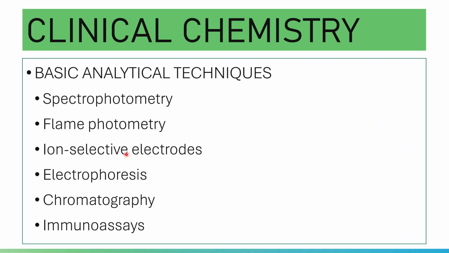In serum protein electrophoresis, it is utilized to visualize the albumin portion, the alpha portion, the beta portion, and the gamma portions of the protein.